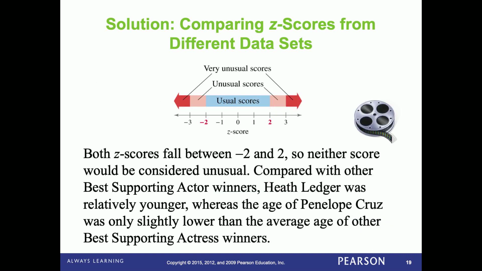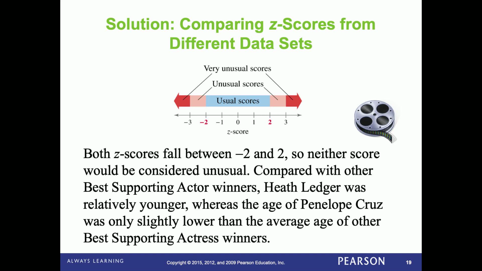All right, so when data falls in a bell curve, we can look at the standard deviations. So when z-scores fall between -2 and 2, those are usual. That's about 95% of all the data that falls between those two standard deviations.